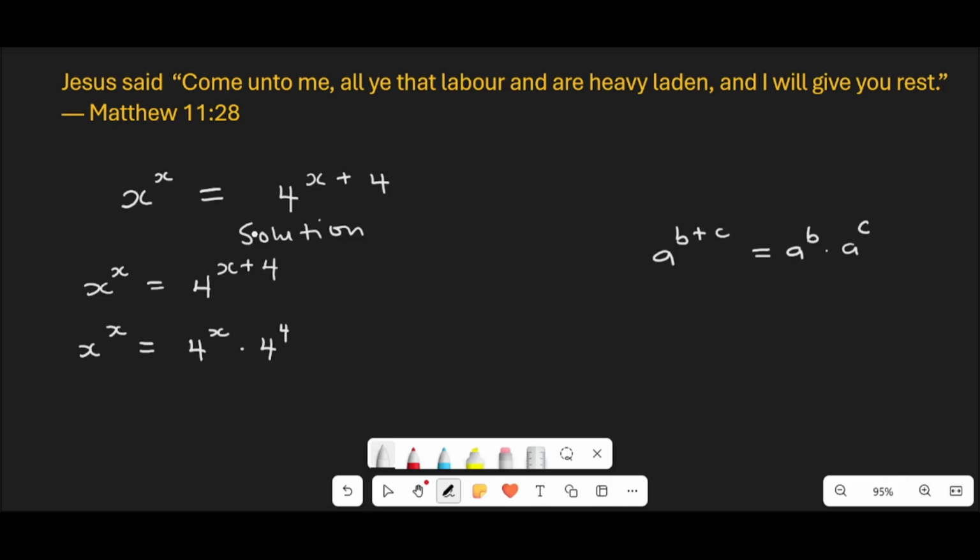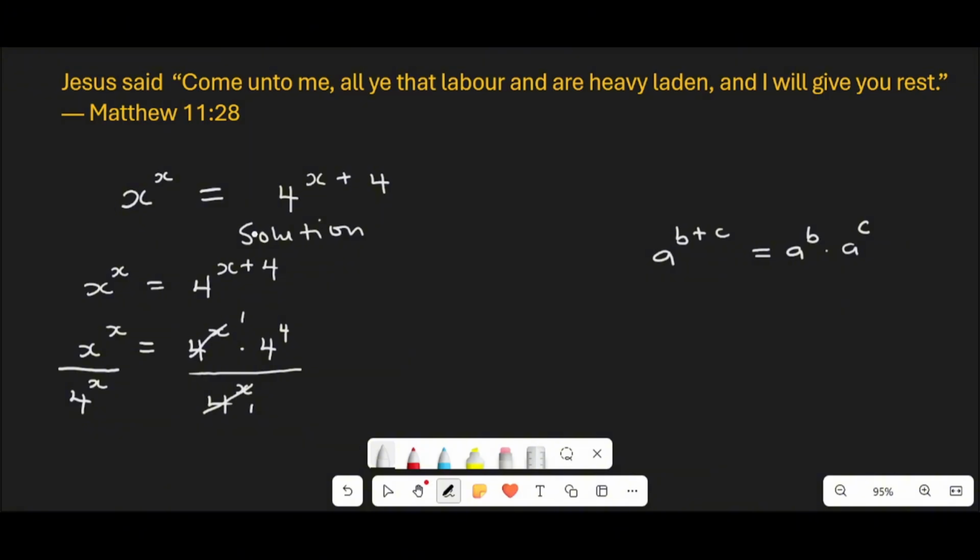Now let us divide both sides of this equation by 4 raised to power x. So we are going to have 4 raised to power x over 4 raised to power x. Here we have 1, here we have 1.